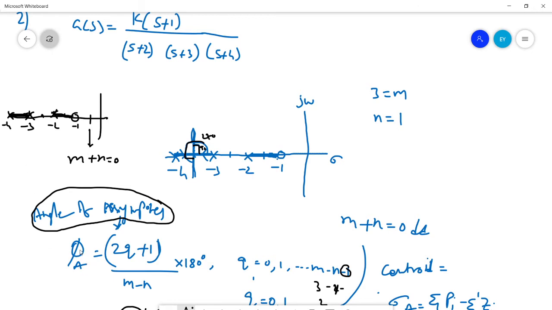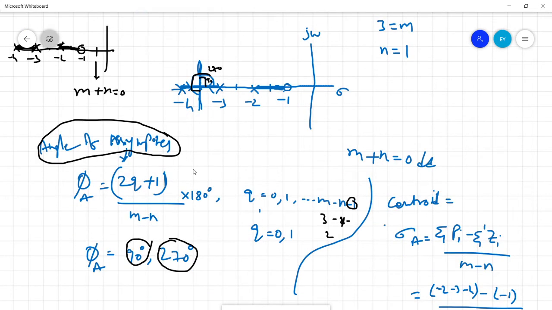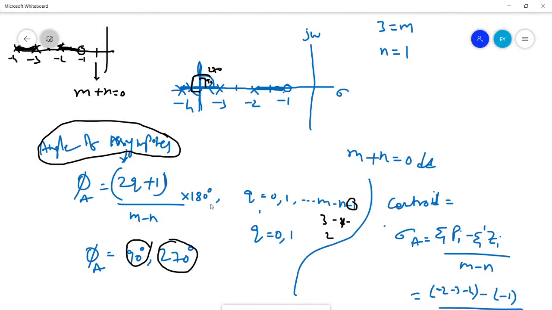It is given as phi A is equal to (2q plus 1) divided by (m minus n) into 180 degrees, where q is 0, 1, and so on up to m minus n. Here m is the number of poles and n is the number of zeros.